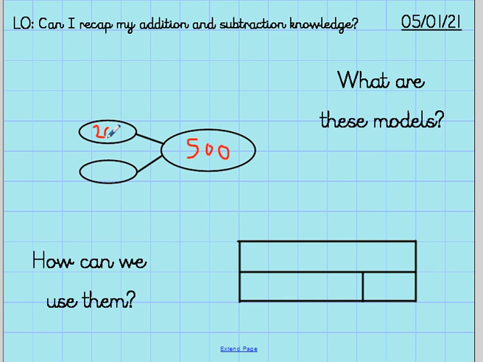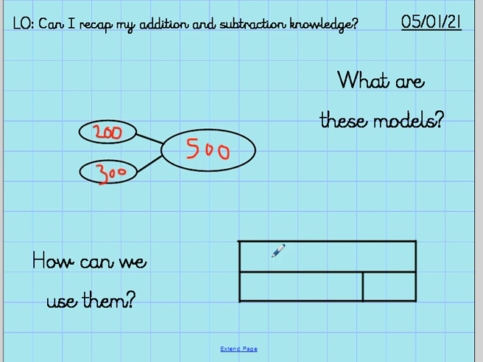That could be created by doing 200 add 300. 200 add 300 equals 500. Remember, it could also represent a subtraction. We know that 500 subtract 200 would leave 300.